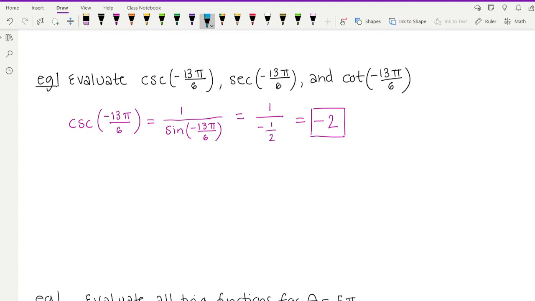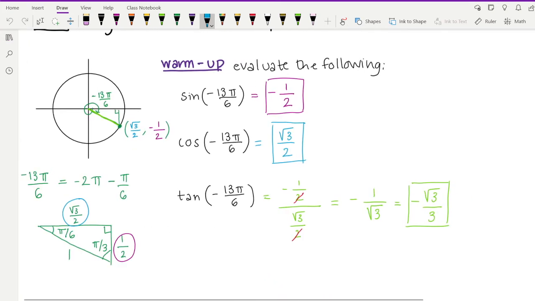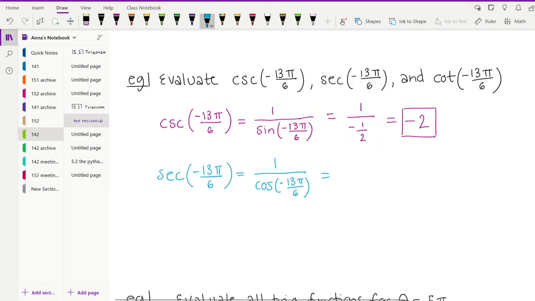Okay, so similarly, if we want to find secant of negative 13 pi over 6, that's going to be the reciprocal of cosine of negative 13 pi over 6. And so if we go back and remind ourselves what cosine was, square root of 3 over 2. So we're going to take the reciprocal of square root of 3 over 2.